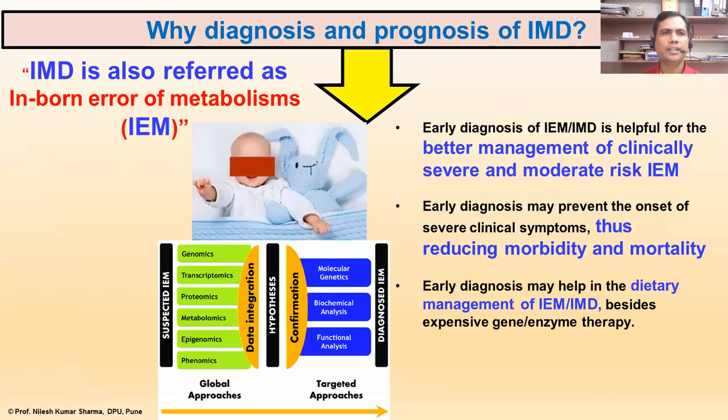So we should begin with the whole idea of why there is a need for discard to diagnosis, specifically of IMD, inherited metabolic disorders. So, my dear friends, in very brief, IMD is also referred to as inborn error of metabolism, IEM.